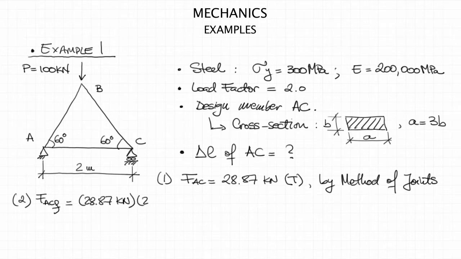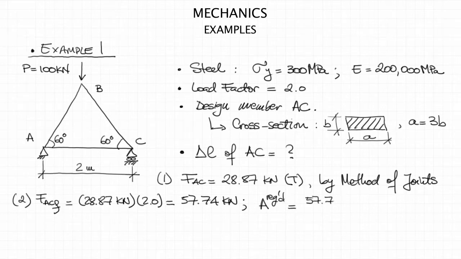This force is a specified force, so we have to calculate the factored force because this is a design problem. So the factored force in member AC is double the specified force, since the load factor is equal to 2, and that leads to a force equal to 57.74 kilonewtons.